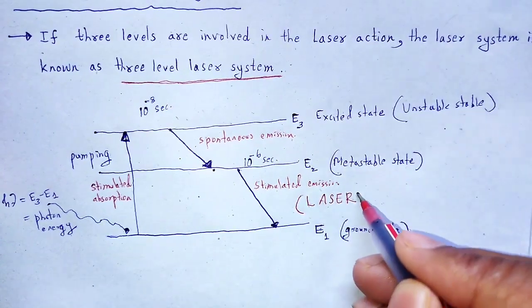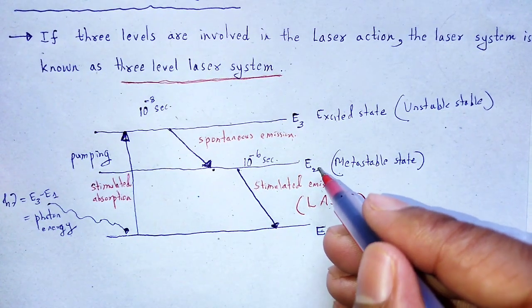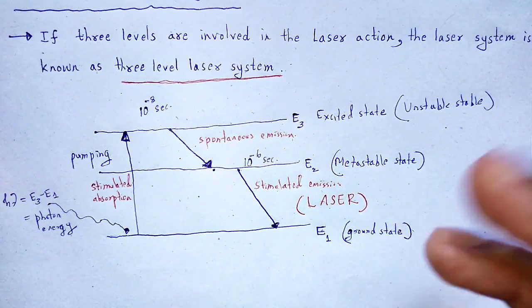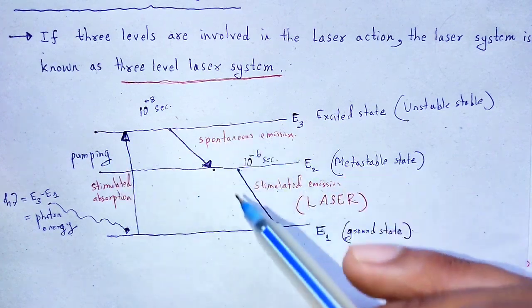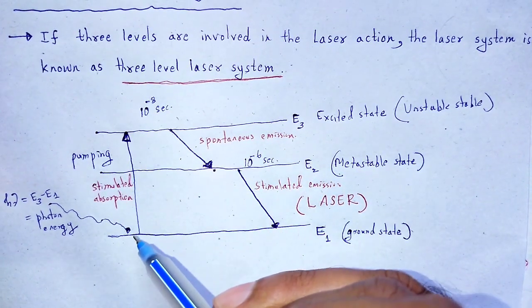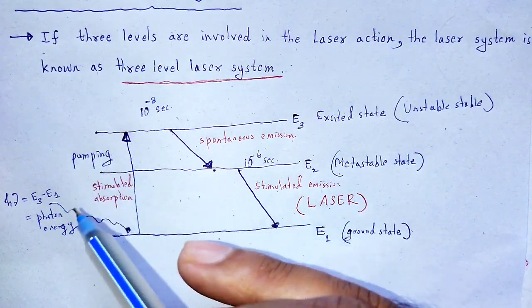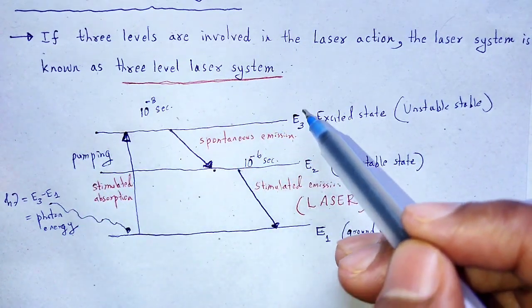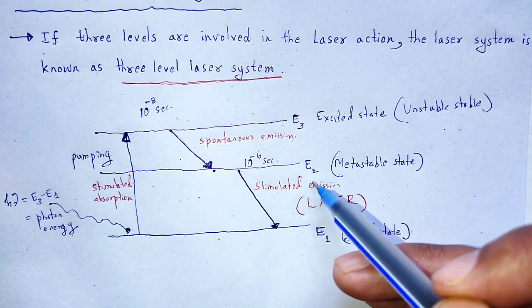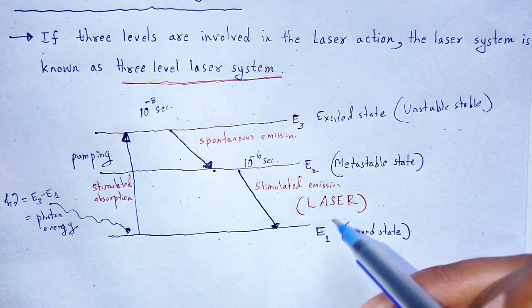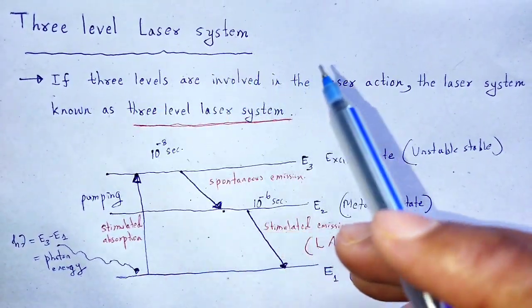So, laser light is produced from the transition of energy level E2 to energy level E1. Look here, there are three processes: stimulated absorption due to pumping, then spontaneous emission from energy level E3 to E2, then stimulated emission from energy level E2 to E1, which creates laser. Therefore, it is a 3-level laser system.